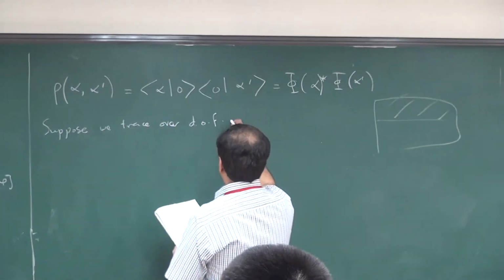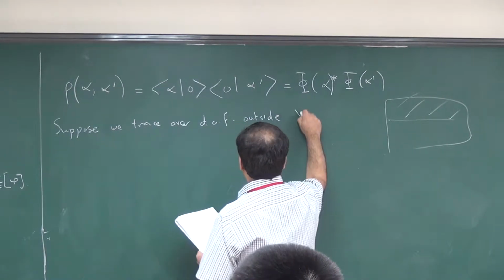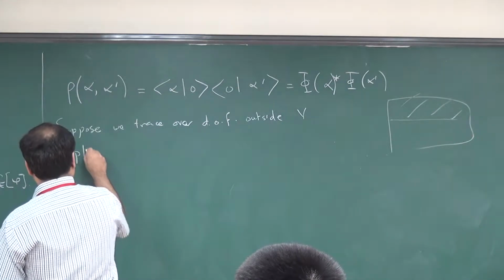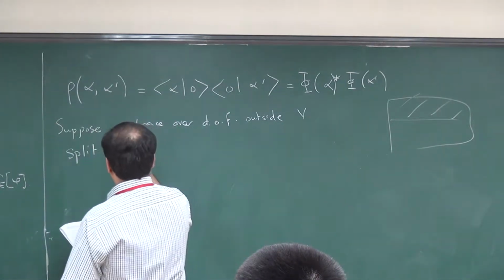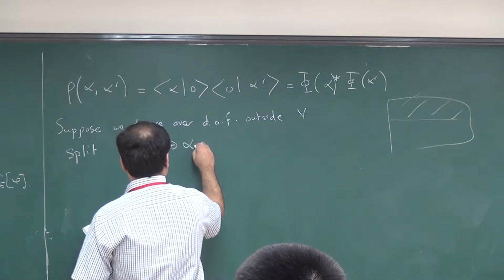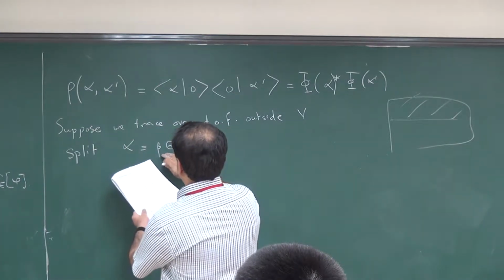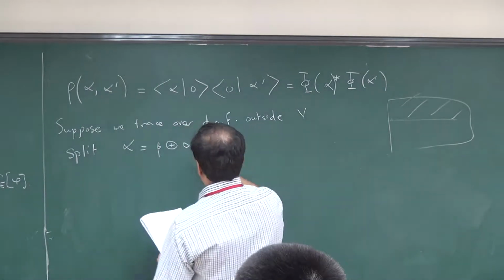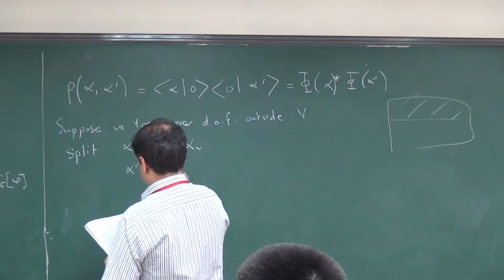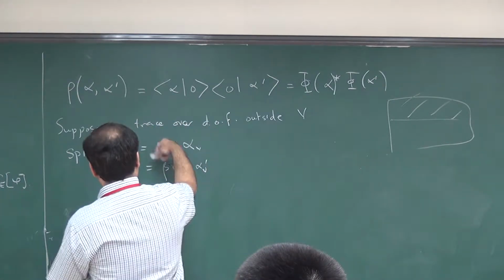So suppose we trace over degrees of freedom living outside some region V. Then what you do is you split your alpha in the following way. So alpha is equal to beta plus alpha_V. So this is some function that is living in the region, and this is a function that is living outside the region. Similarly, alpha prime is beta plus alpha_V prime, and then you sum over all this beta.